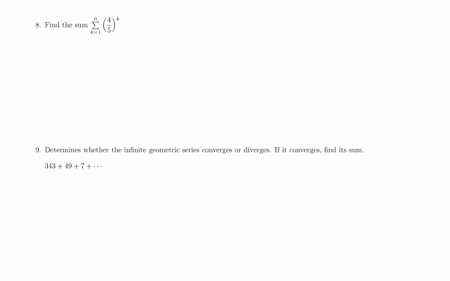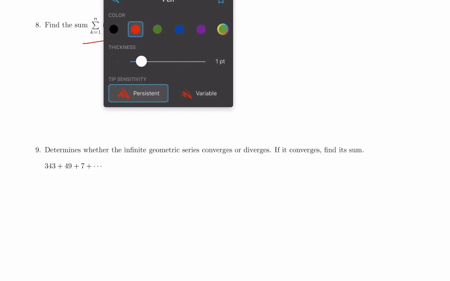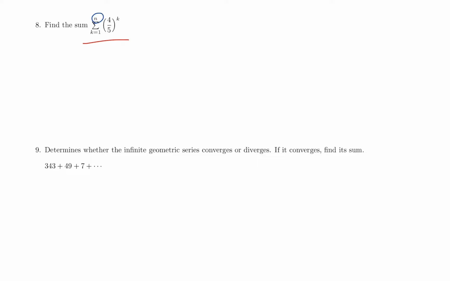Okay, so now let's look at this. Find the sum from k equals 1 to n of 4 over 5 to the k power. Here they're not telling us a specific n, just in general. So we have to recognize this is a geometric sequence, so we use this formula again.